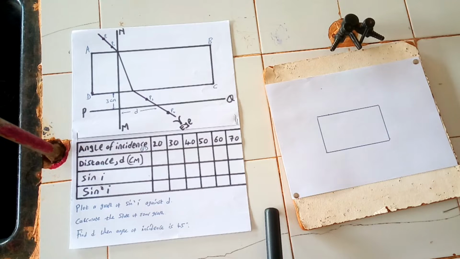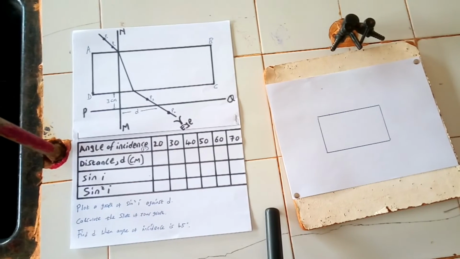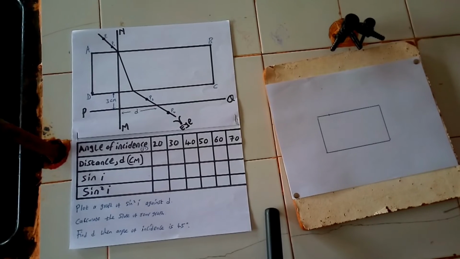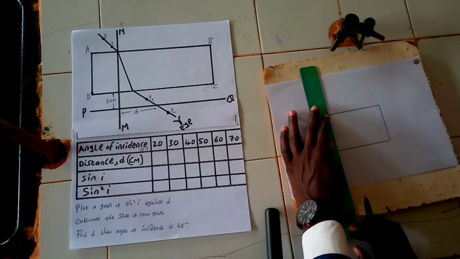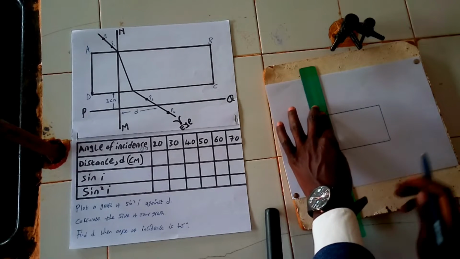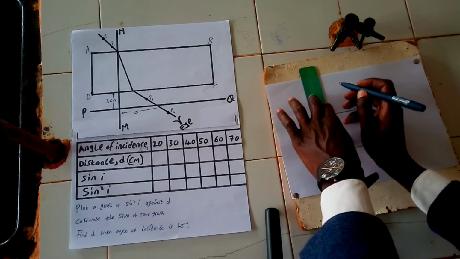So from there now, we'll join these points. So we join these 2 points now with a straight line to draw the normal NM or MN.